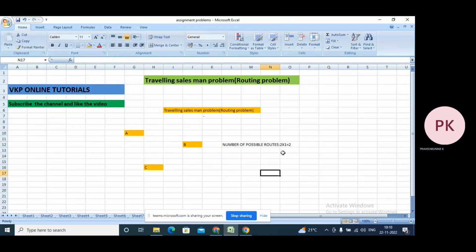What are those possible routes here? One is A, then you will visit B, then you will visit C. This is one possible route.